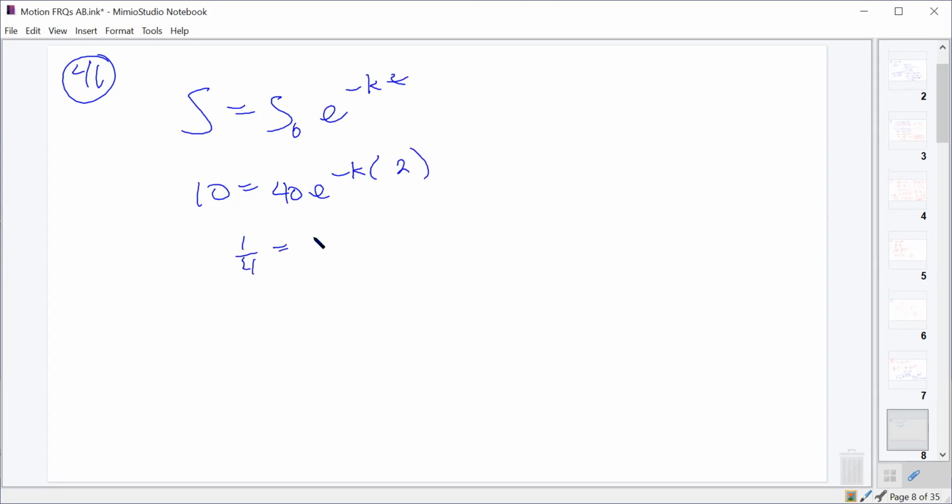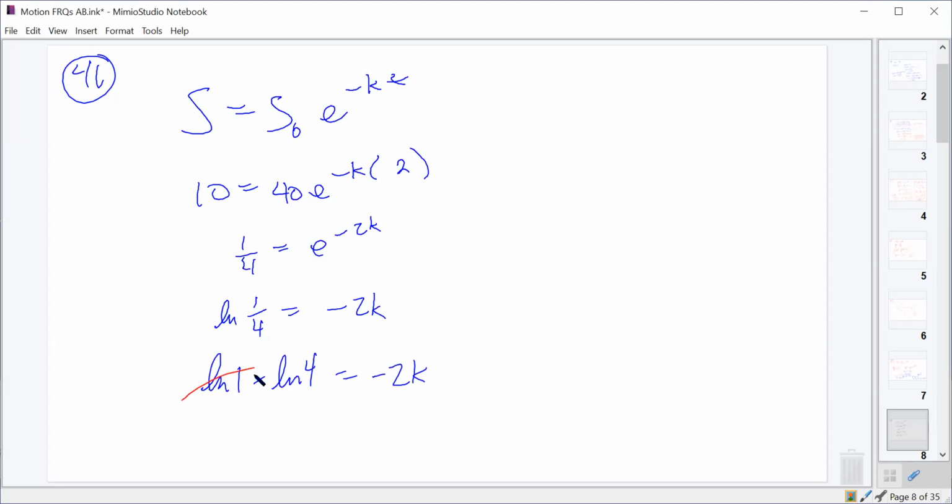So this is 1/4 equals e to the negative 2k. Natural log of 1/4 equals negative 2k. Natural log of 1/4 is natural log of 1 minus natural log of 4 equals negative 2k.